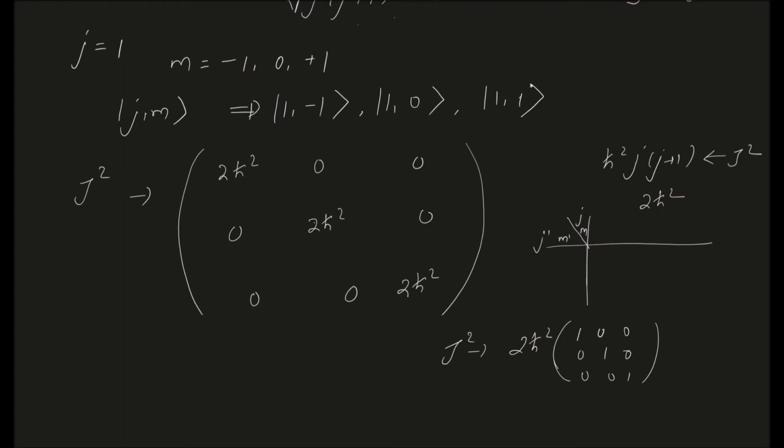So for this particular example, the possible values for j is 1, and for m it is 1, 0, minus 1, and j prime is also 1, and for this one it is 1, 0, minus 1. So this is our 1 1 state, this is our 1 0 state, and this is our 1 minus 1 state, like that. So that is the way we have written this matrix.